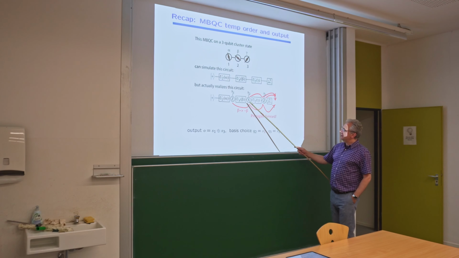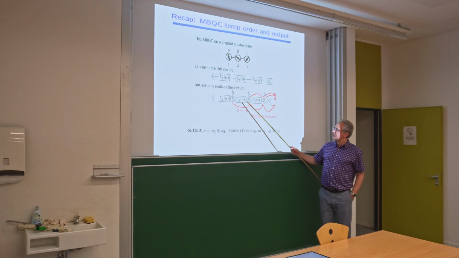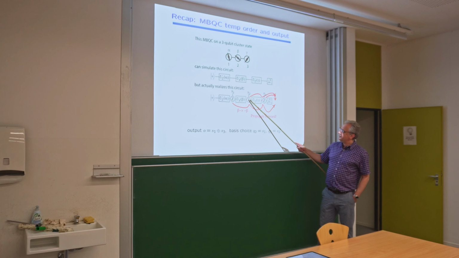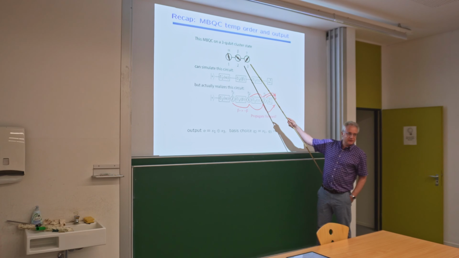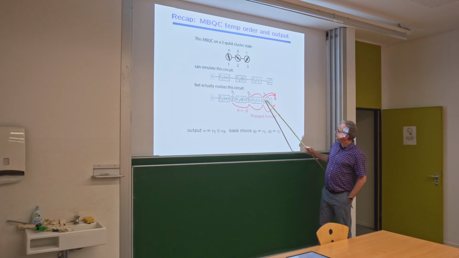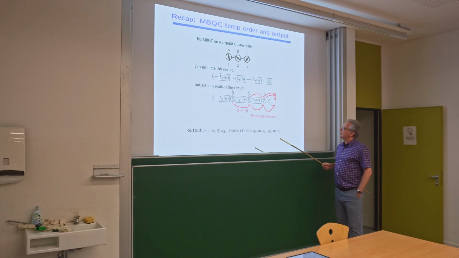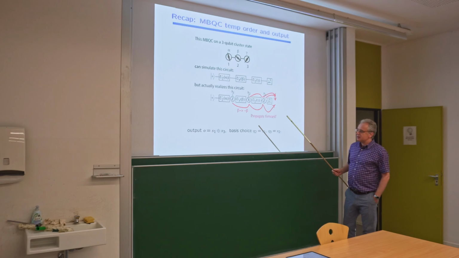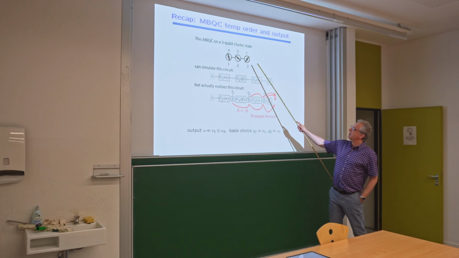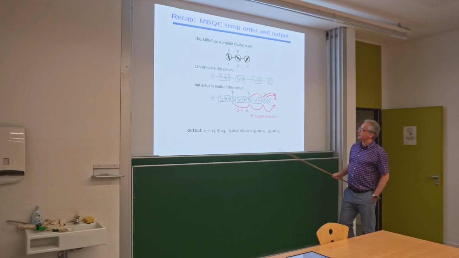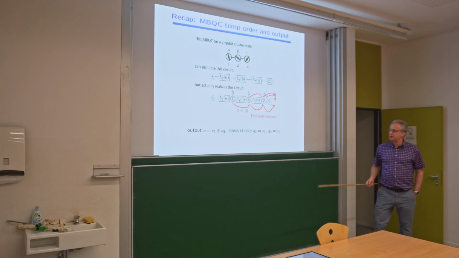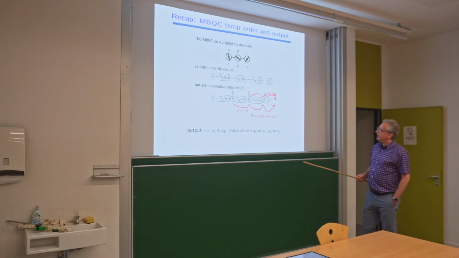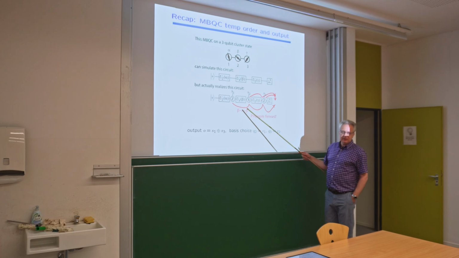Likewise here, you want to implement this X rotation, but you get this thing in addition or not, depending on the outcome of the second qubit. Now you get a third Pauli Z, regardless of whether you want it or not, depending on the outcome of the third measurement. Yeah, so we remember that. This was part of the universality proof.